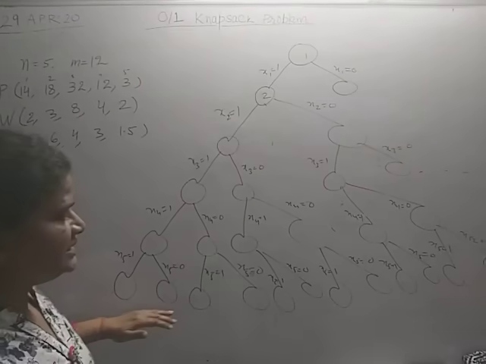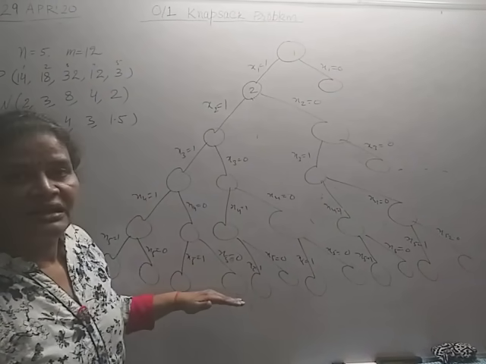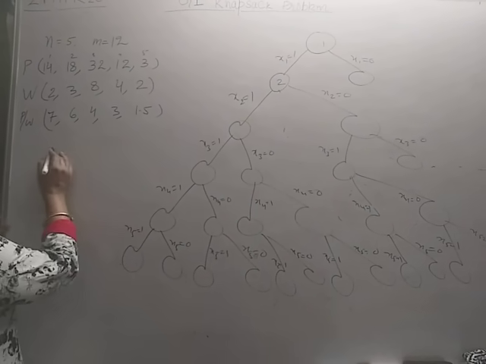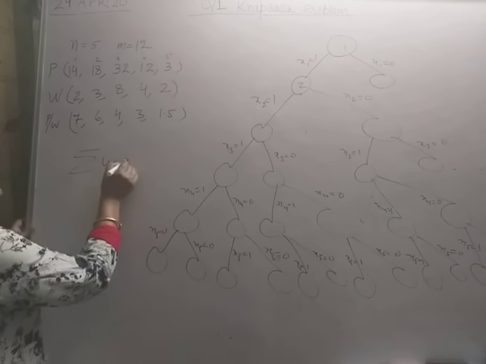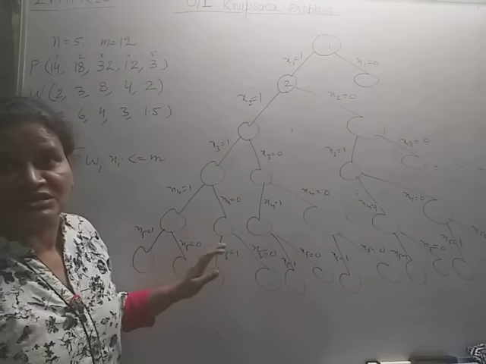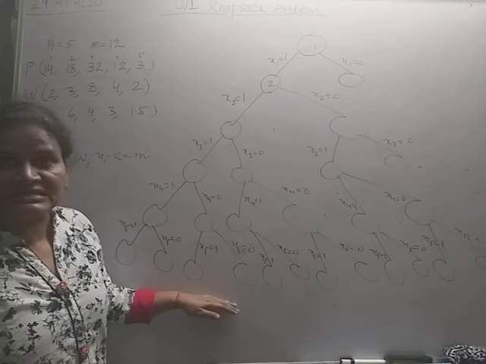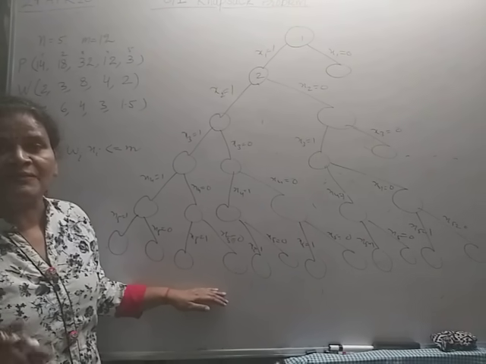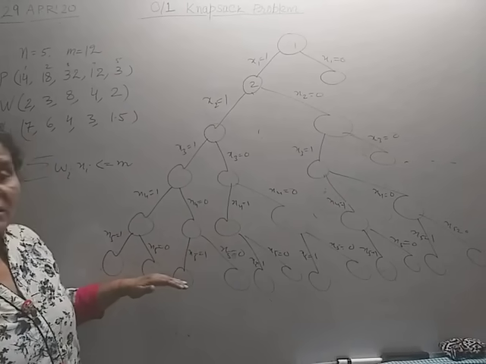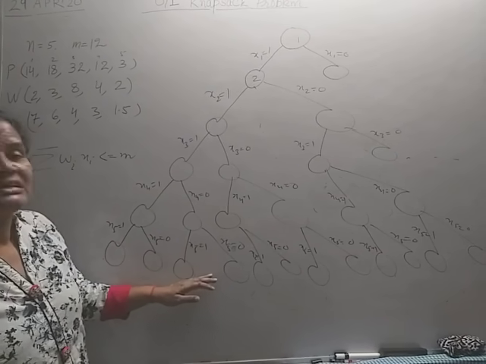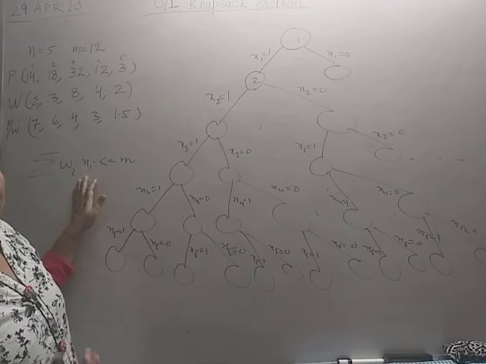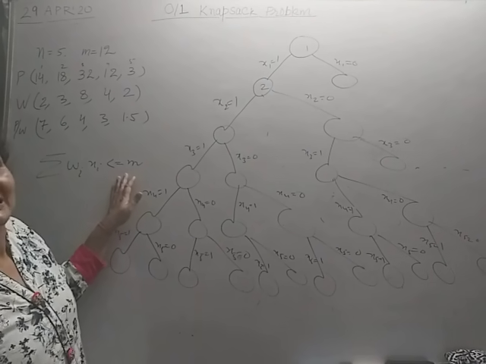So only those leaf nodes for which the summation of wi xi is less than or equal to m are the solution states. Here in this state space tree, not all the leaf nodes are solution states, because for some leaf nodes the summation wi xi exceeds the knapsack capacity m.